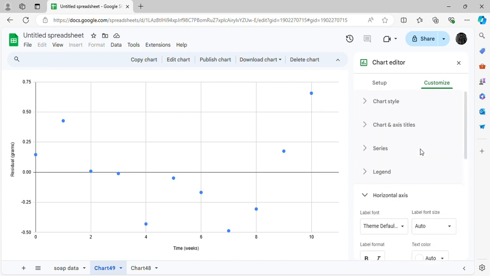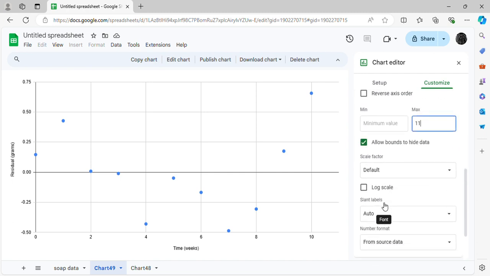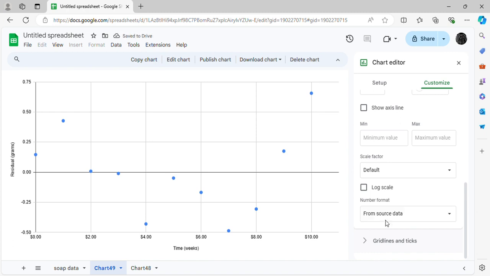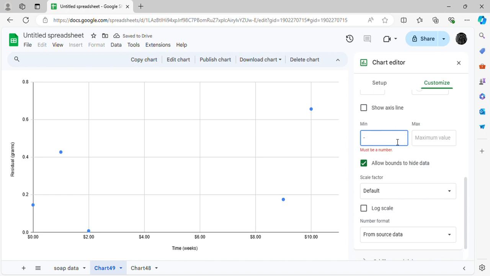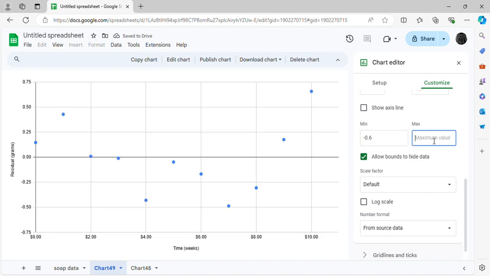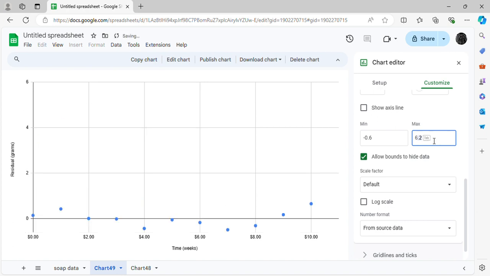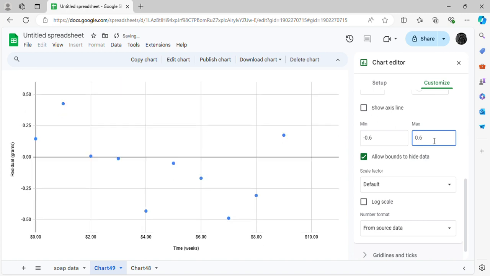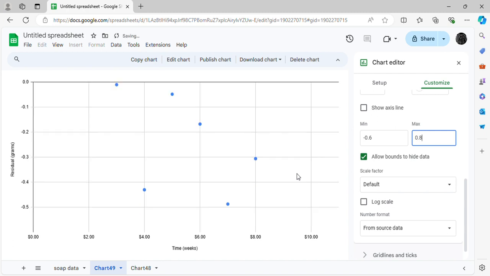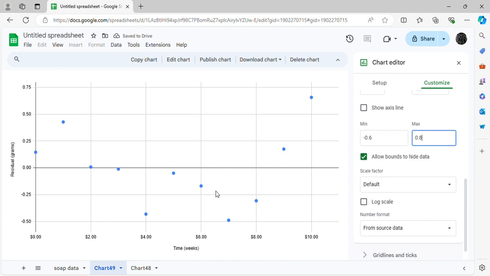And for the vertical axis, let's select the minimum to be minus 0.6 and maximum to be 0.6. Let's say 0.8.